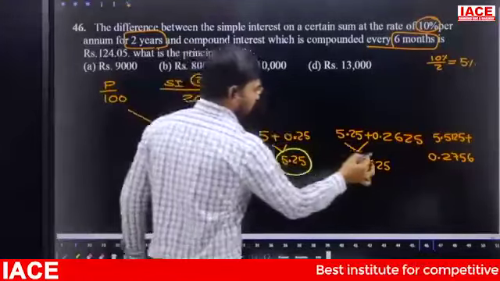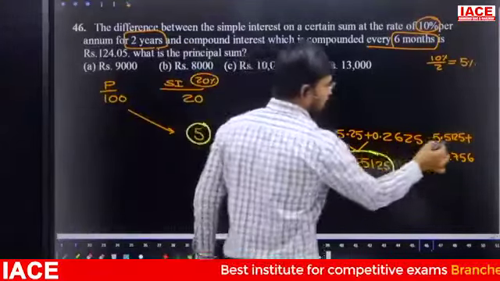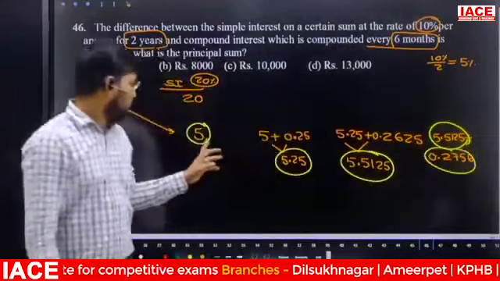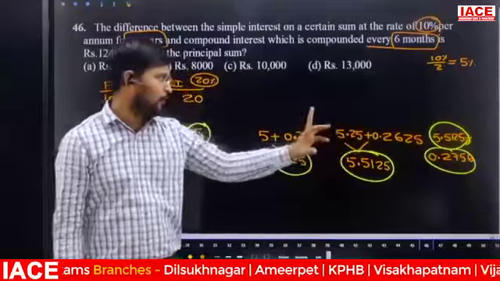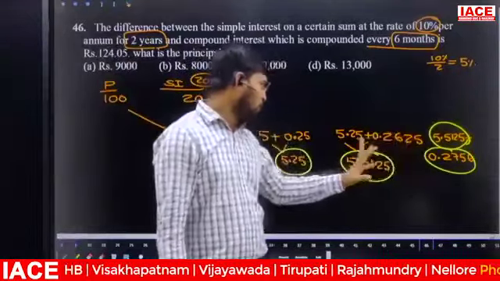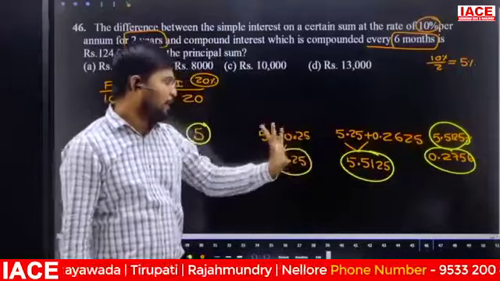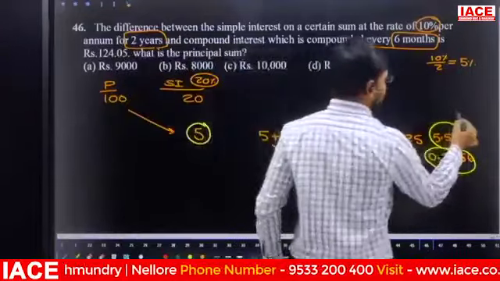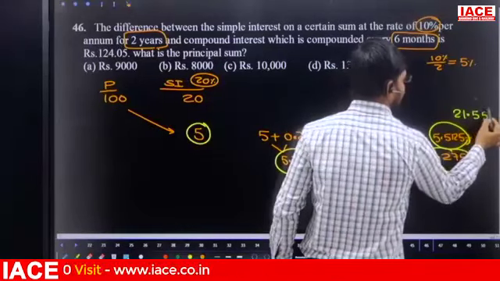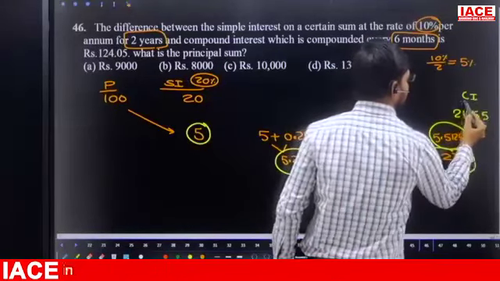If I add all these things: 5, 5.25, 5.5125, and 0.2756, the total is approximately 21.55. This is the compound interest for 2 years, compounded half yearly.